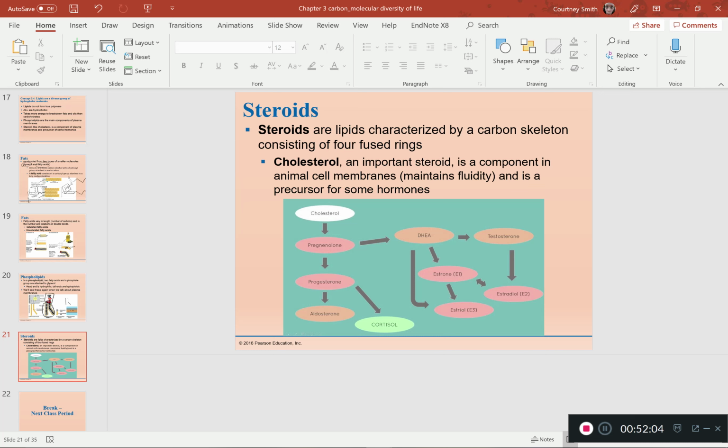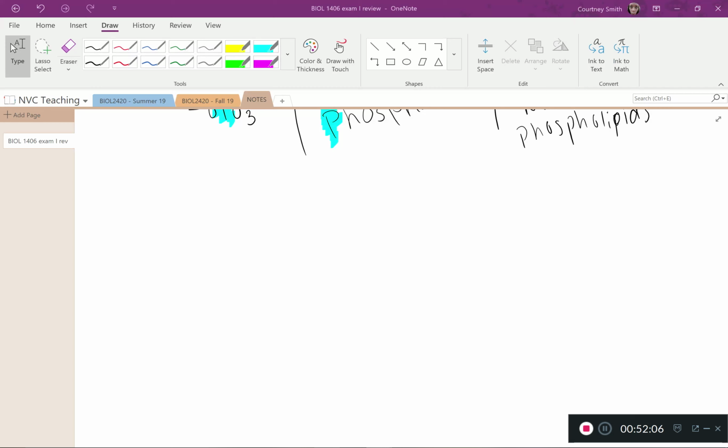A steroid generally will look something like this. So actually let me go into our other one. No, it'll be easier to draw in there. So a steroid, so it's generally a 4-ring structure. Oops, if I can draw.